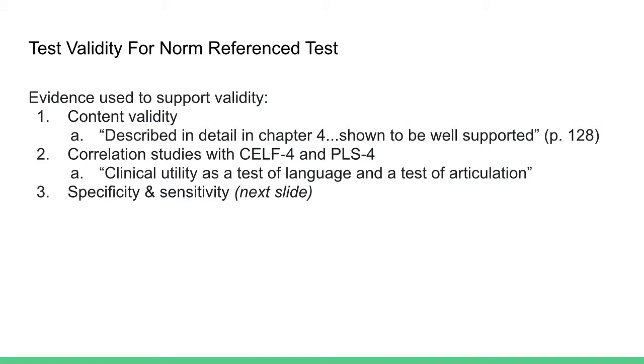The developers also assessed validity by comparing results of the DELV to the SELF-4 and PLS-4. The results were similar, demonstrating that the DELV accurately tests children's language and articulation skills. Measures for specificity and sensitivity were also used as pieces of evidence.